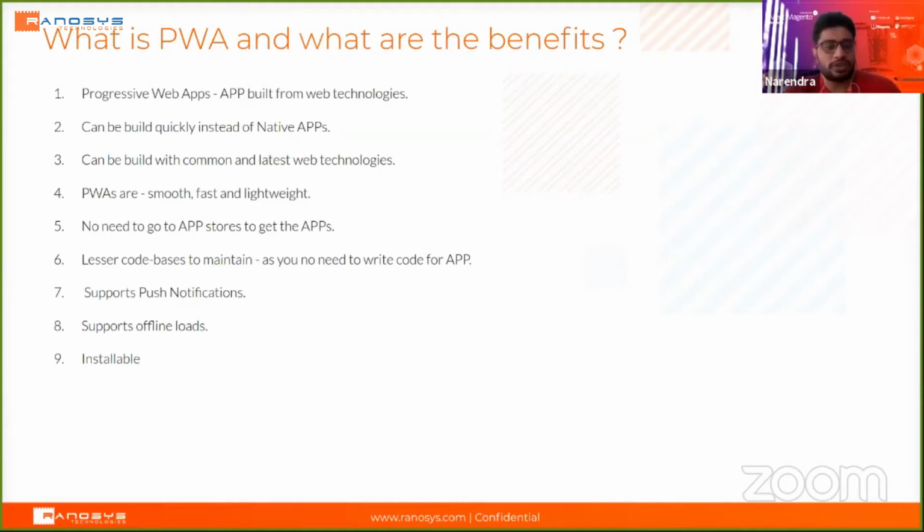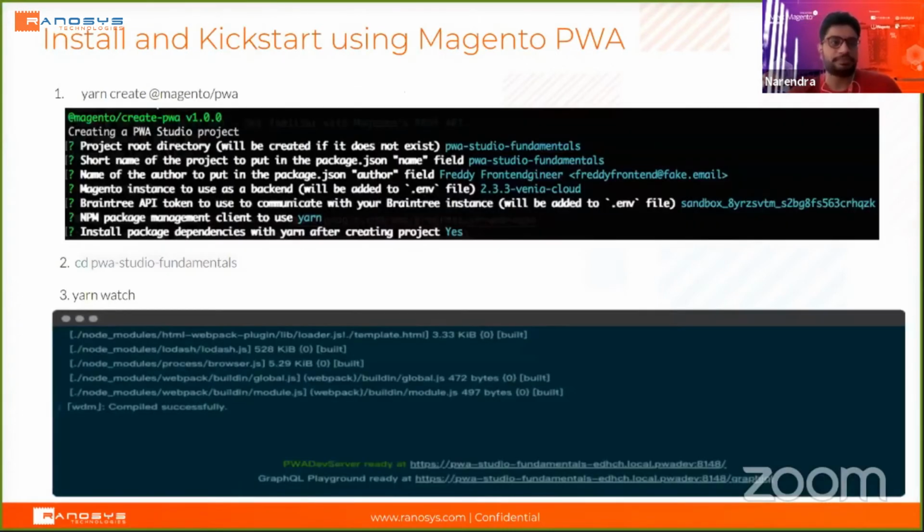That is possible if you're using PWAs, and PWAs are installable as well. Installable in the sense that if I get an add to home screen pop-up and click on it, it will be installed as an app. The end user won't have an idea that it's a PWA app, if they're not that technical. That is the beauty of PWAs, that these apps are installable as well.